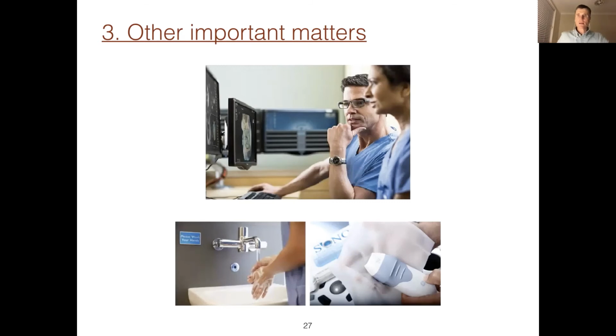And finally, of course, even without the current pandemic, whether or not we're in a setting where we know a patient has a virus or some other disease, we still need to practice good hygiene. Obviously, we want to wash our hands, and wipe down transducers, ECG electrodes and machines.